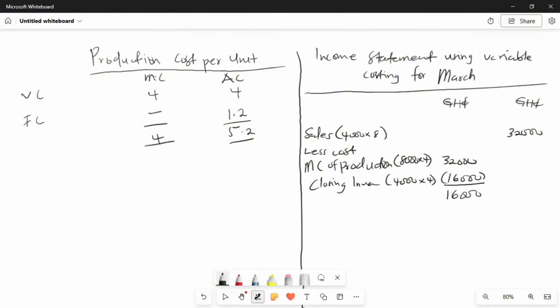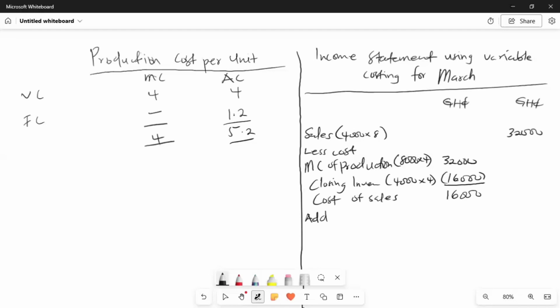Now, another variable costing item. In the question, we have our variable expenses, our selling and distribution costs, where our variable cost per unit is 0.5. The variable selling and distribution cost will be on the sales units.